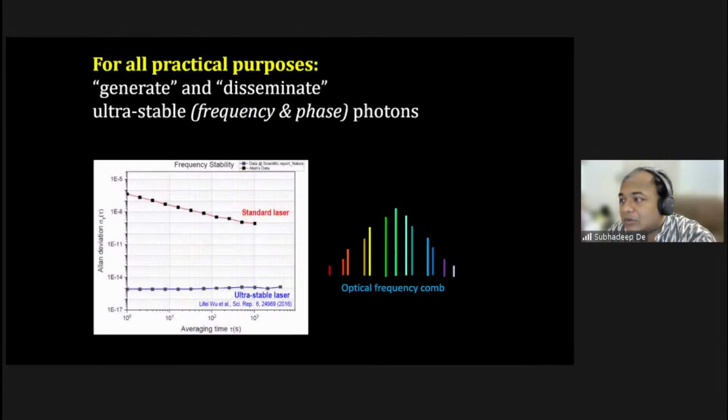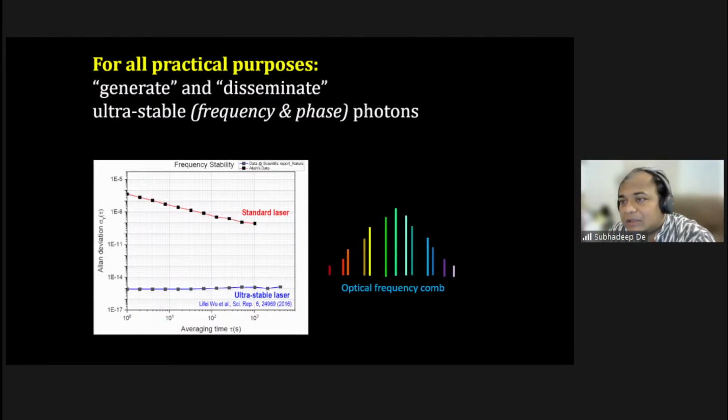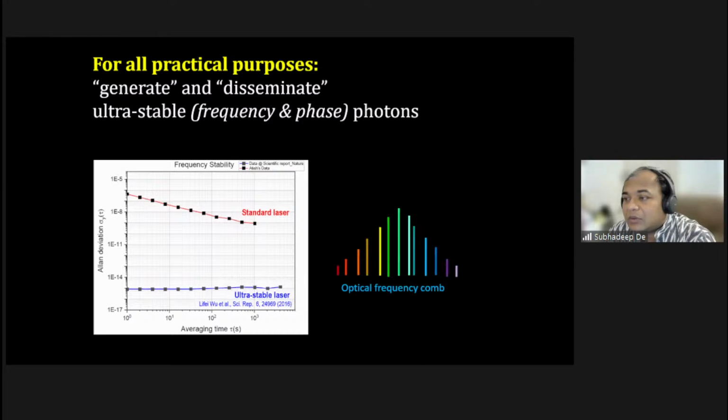There are several labs working on several aspects of quantum technologies, and this PQM lab at IUCAA is also working on that. Practically speaking, we have to develop a laser, a photon, which is highly stabilized in its frequency and phase. But any laser, even an extremely good quality laser, is still unstable.